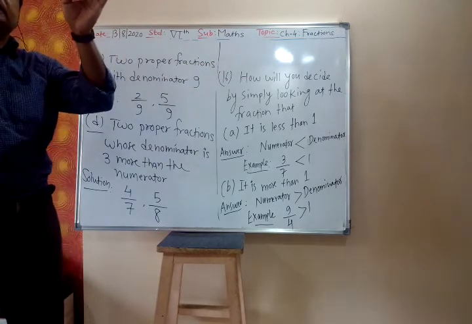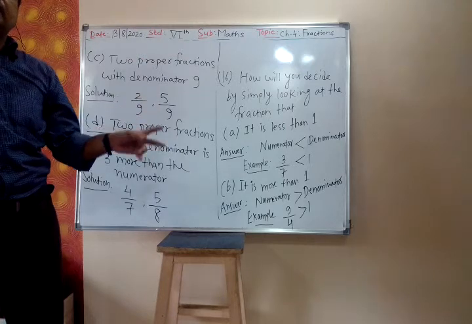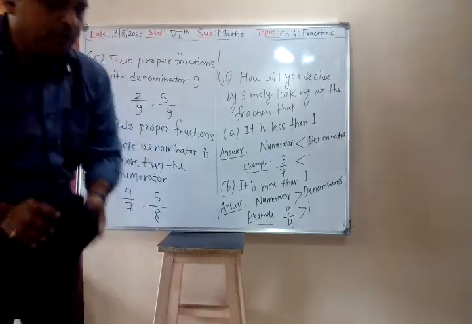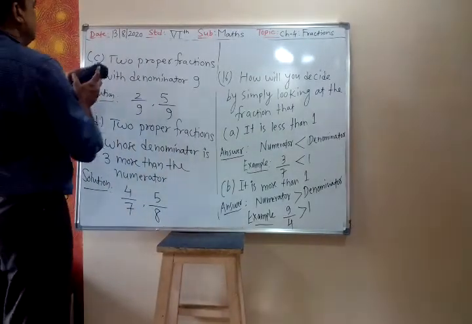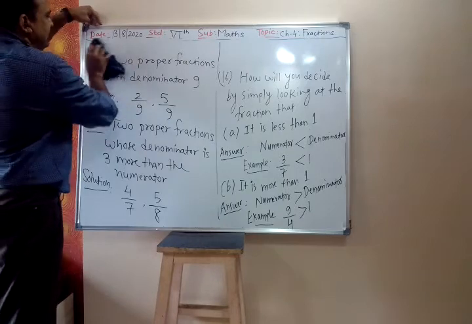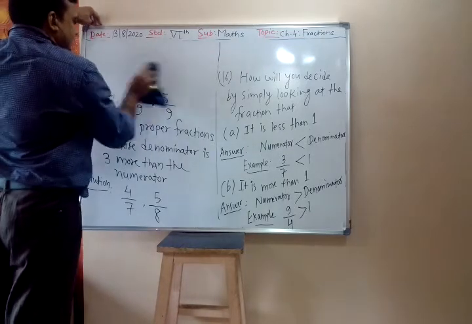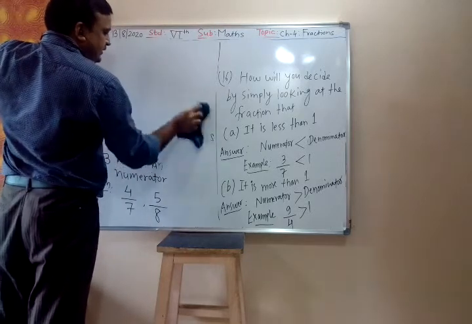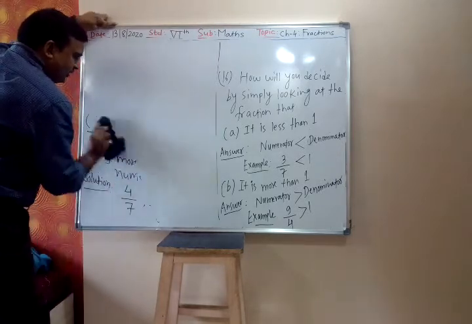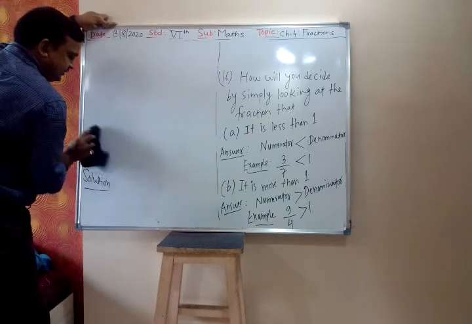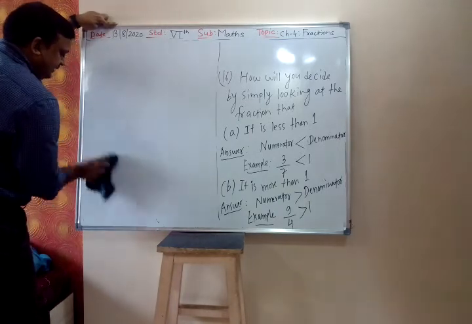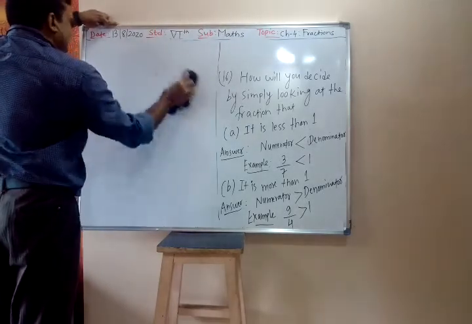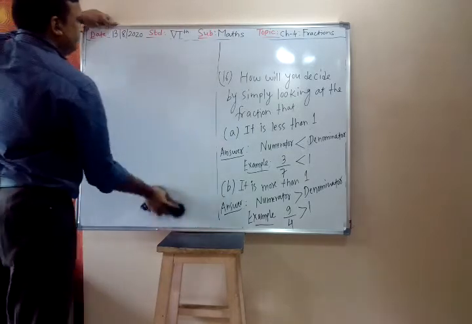All proper fractions are less than 1, and all improper fractions are greater than 1. So by looking at the denominator and numerator of any fraction, you can check whether it is less than 1 or greater than 1.